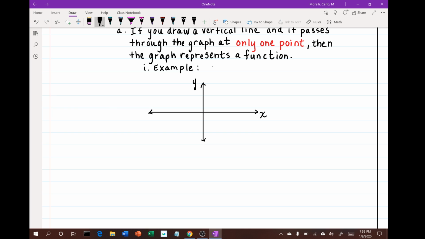We'll say this is Y equals, wait. Is this graph a function?